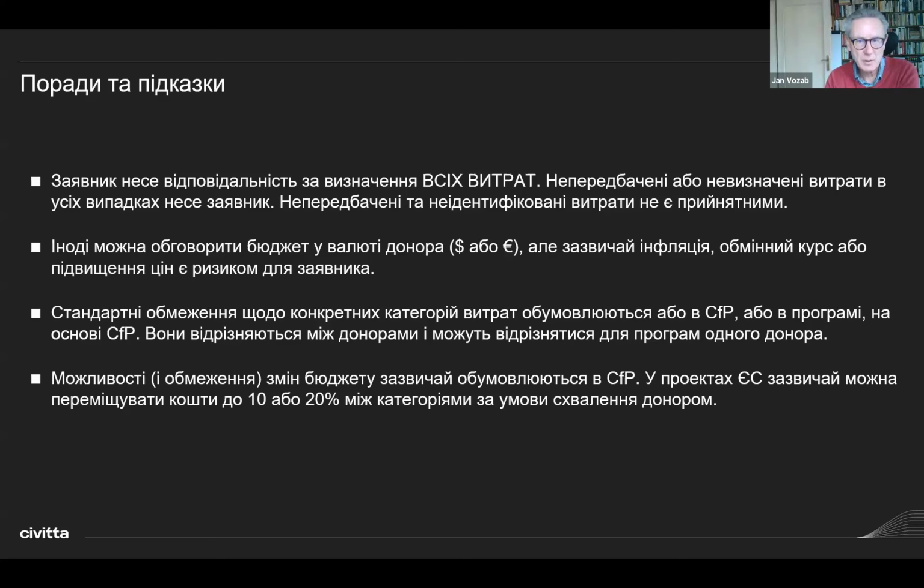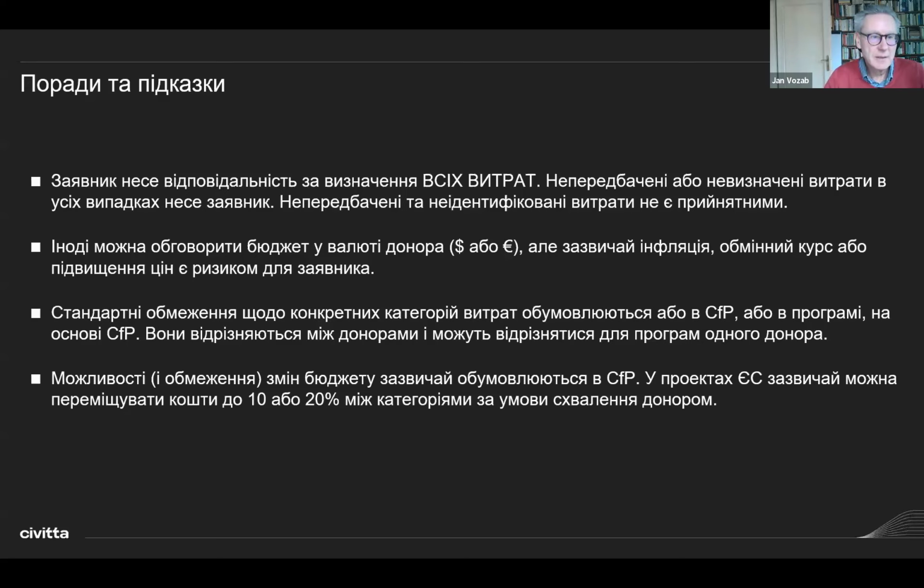And the money from the donor is finite. You cannot get more money from the donor. So everything that you cannot plan for in advance, you pay by yourself. That's the general rule. There may be differences, there may be exceptions, but I have never heard about them.